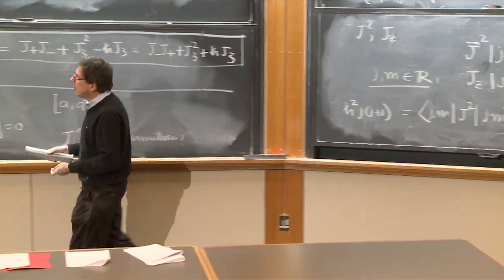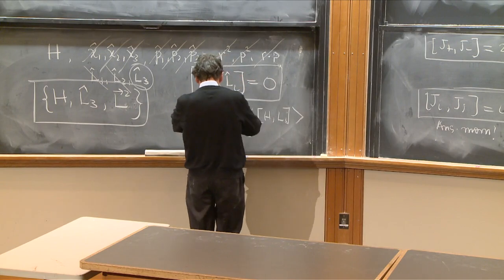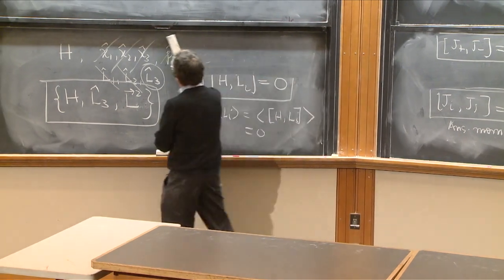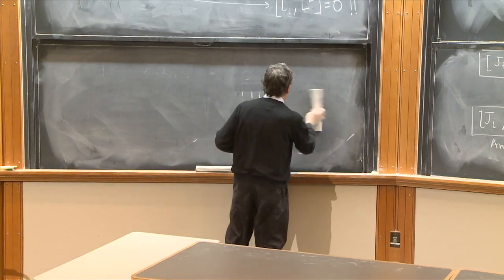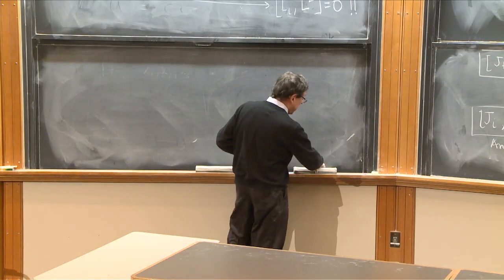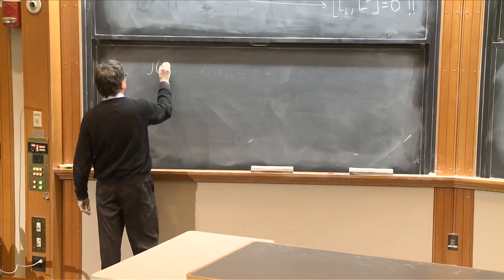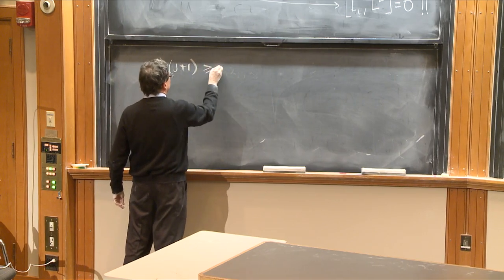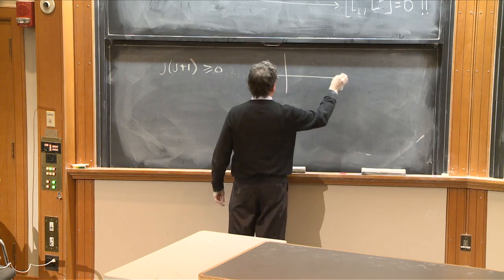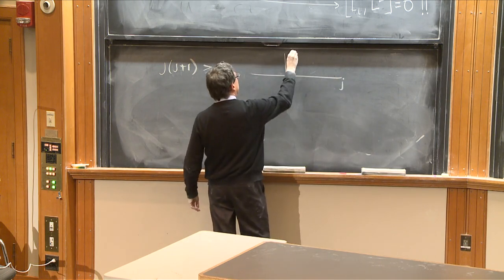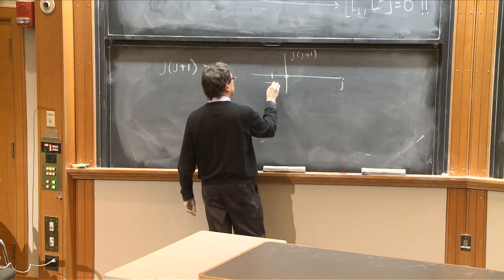Now, given that, we have the following fact, that J times J plus 1 must be greater or equal than 0. Well, plot it as a function of J. It vanishes at 0 and vanishes at minus 1.